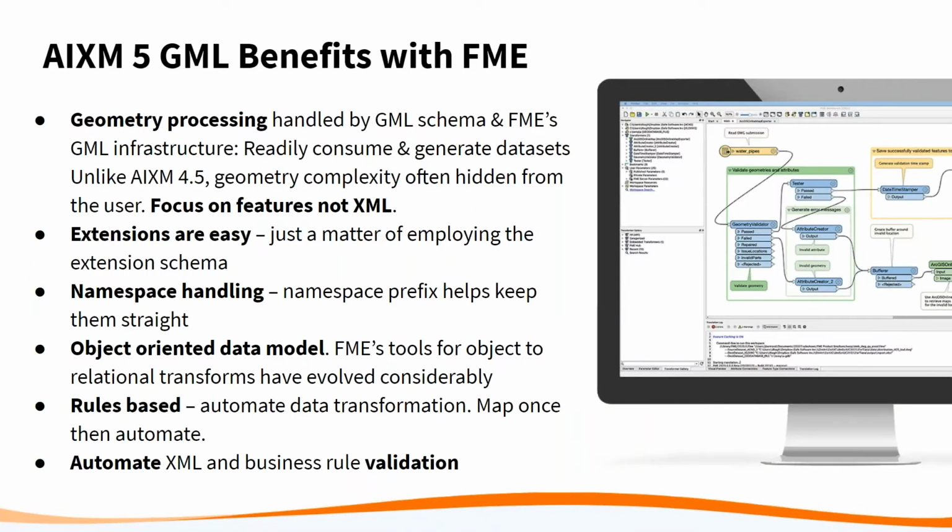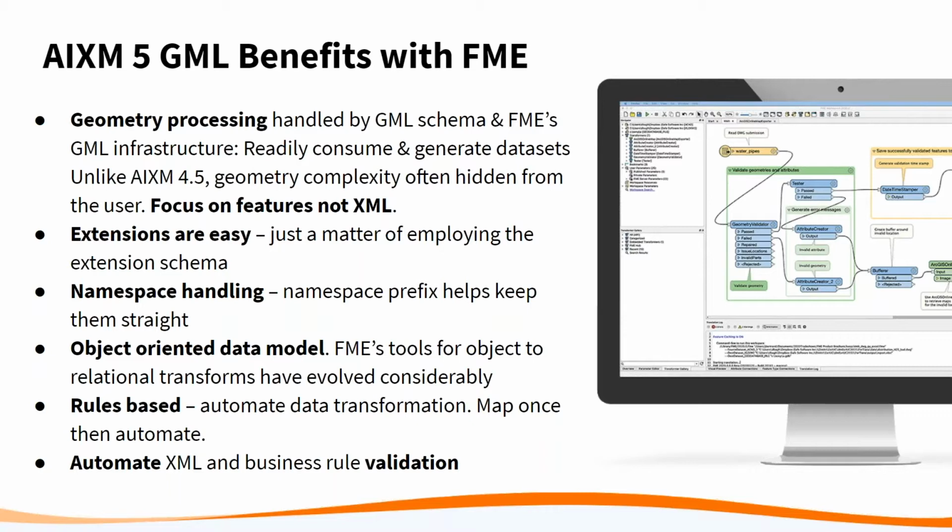So some of the benefits of working with FME for AIXM: first and foremost, with AIXM 5, we have invested heavily in our GML infrastructure. AIXM was one of the things that pushed us in that direction, as well as the EU INSPIRE initiative. Both of those involve complex schema, and we basically built an underlying infrastructure that is driven by the application schema.